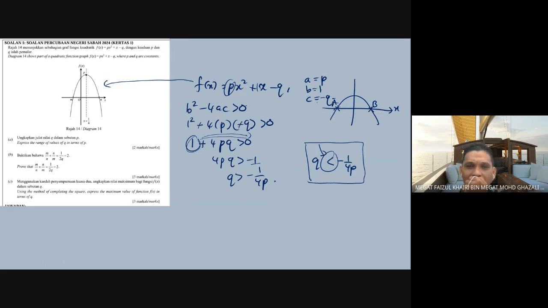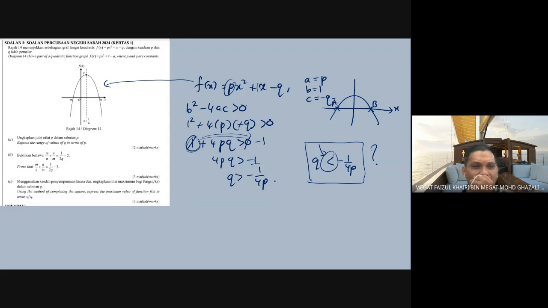Negative times negative is positive, so 1 plus 4pq is greater than 0. Then bring 1 to the other side, it becomes negative 1, and divide by 4p left and right, so q is greater than negative 1 over 4p. I just wonder why the answer is q less than negative 1 over 4p.